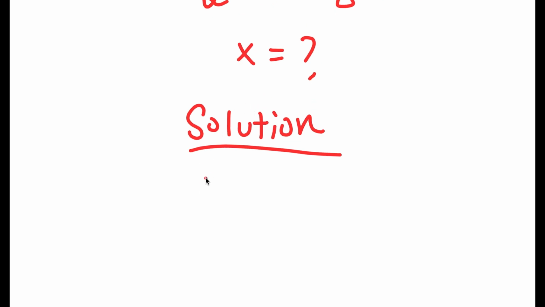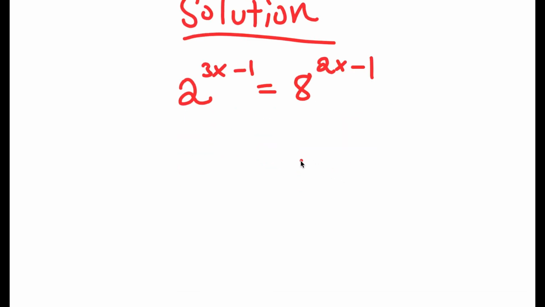I'm going to first start by rewriting my equation. So my equation was 2 to the power of 3x minus 1 is equal to 8 to the power of 2x minus 1. And what I'm going to first do is start by rewriting 8 here as 2 to the power of 3, because 8 is equal to 2 to the power of 3.